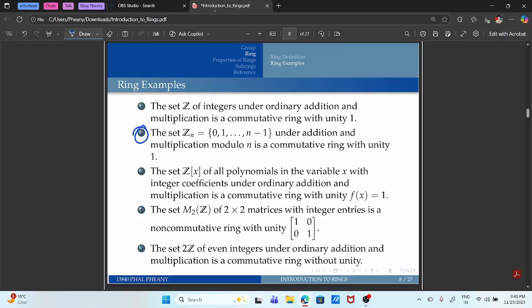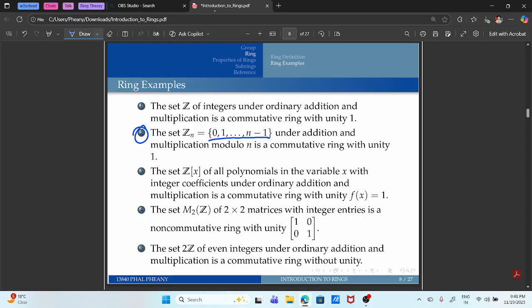The next example is Zn, the integers modulo n, under addition and multiplication. It is also a commutative ring. Its elements are 0, 1, 2, up to n minus 1.